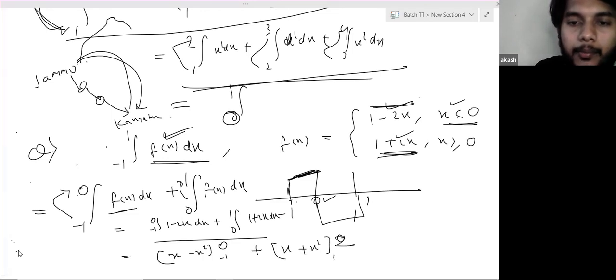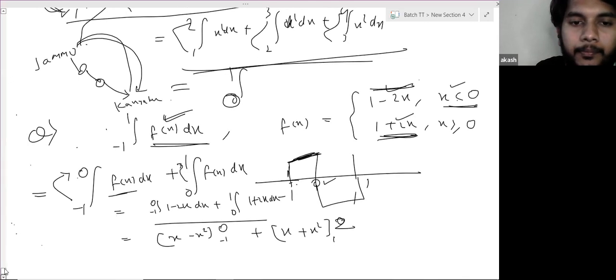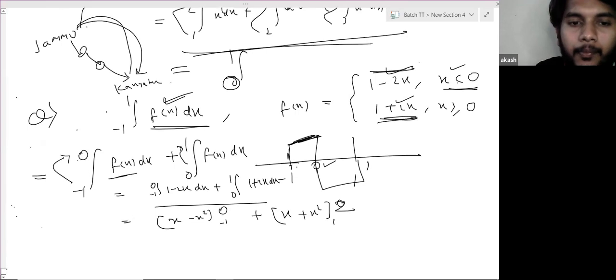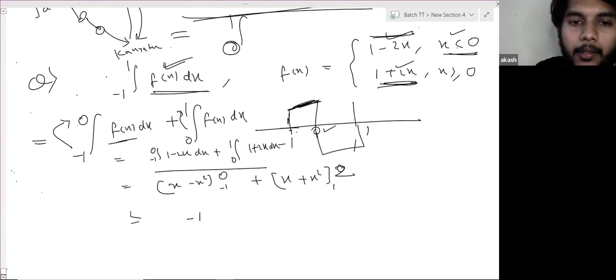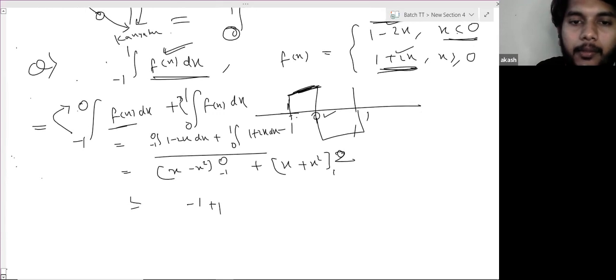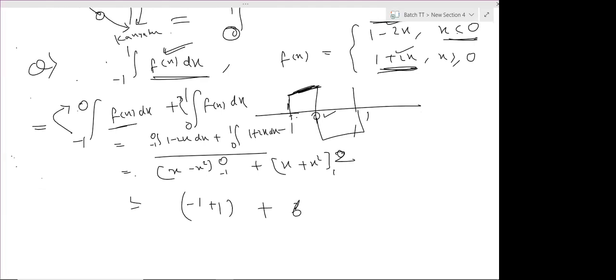Then when putting 0, 0 minus 1, and this is plus 1, so this is 0, plus when you put 2, 2 plus. Sir, the limit should be from 0 to 1, right?